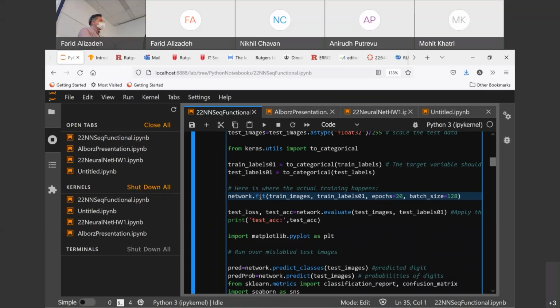In order for something to happen, I invoke the fit function on the network object, and then I have to feed it the data. Otherwise, what is it there for? So the data is the training images and the training labels. These are the X's basically, and this is the Y. Okay, so the X and the Y. Now, don't worry too much about the epochs and the batch size. We'll discuss this later. For now, just keep this as it is.